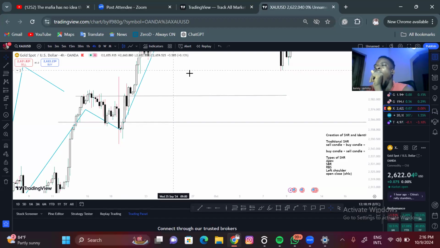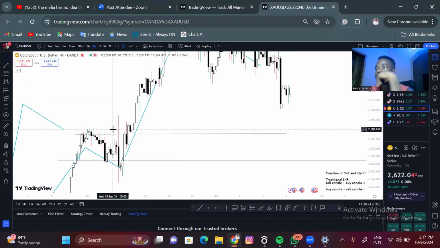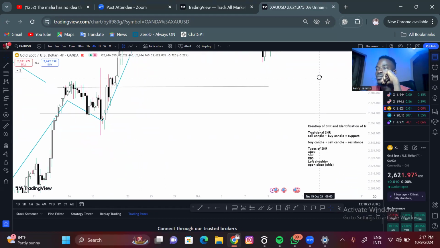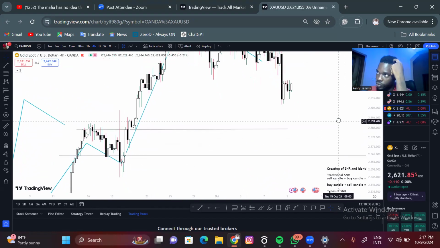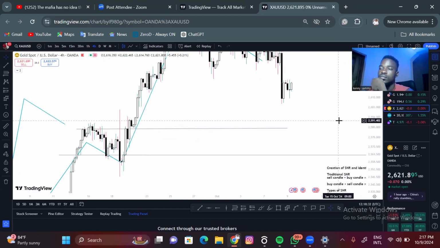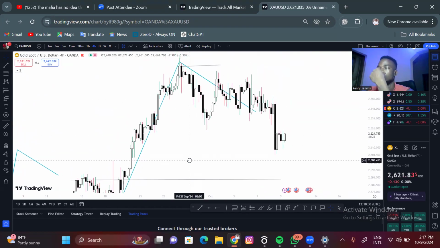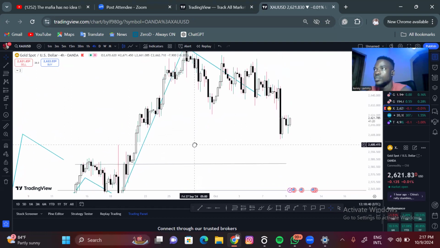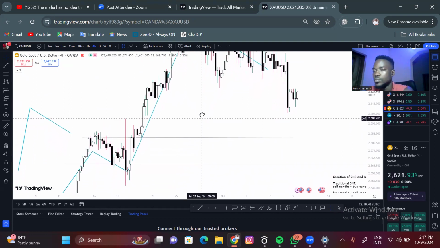That's why we can have the continuation of this price action. So let's move on to the next one. I think I've explained that, although we can get more examples. There are a whole lot of examples that we can make use of. We will definitely get different examples if we look closely.